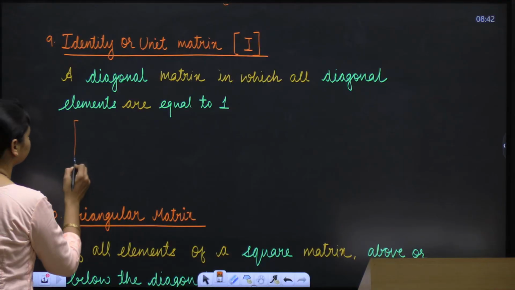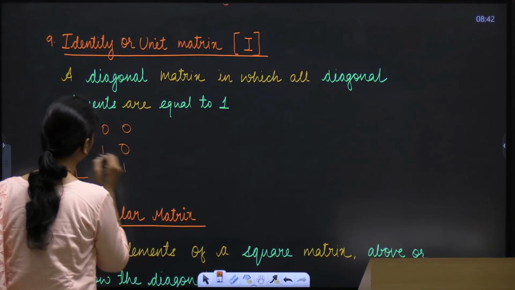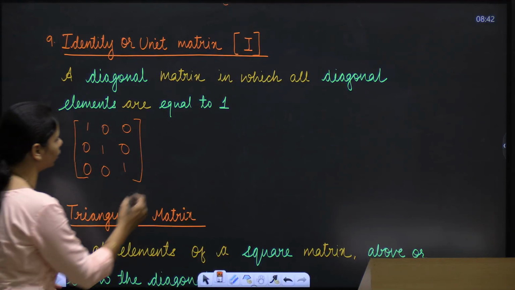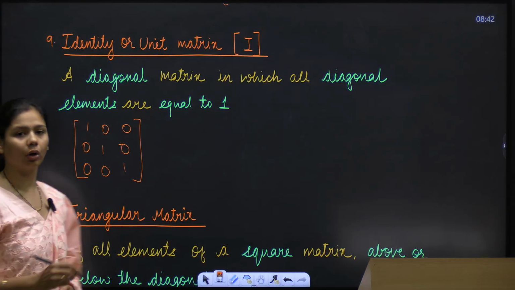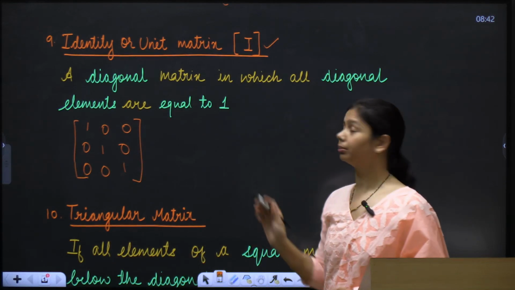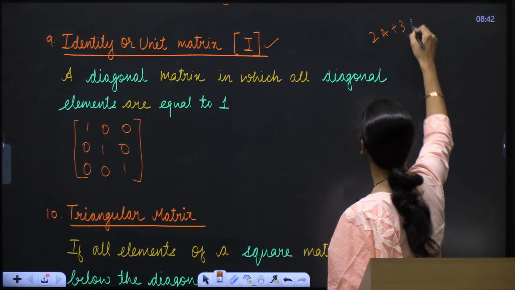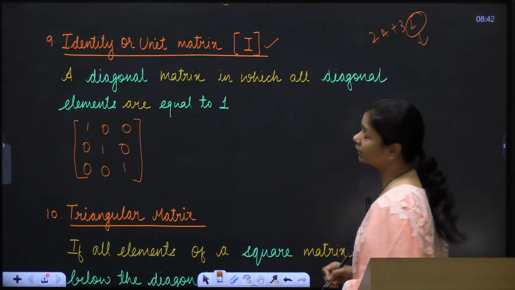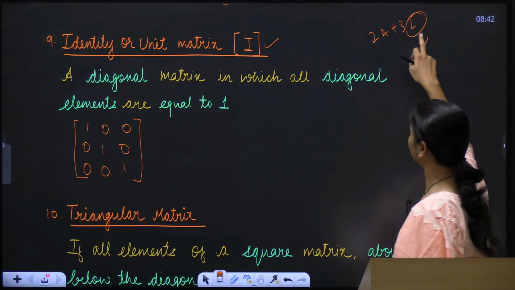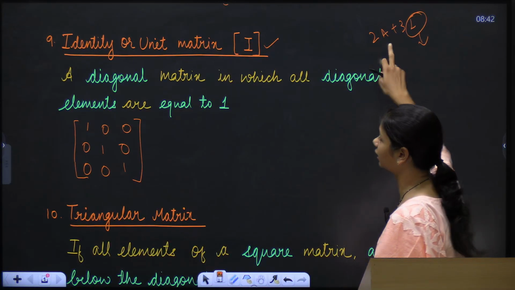So if all diagonal elements are equal to 1 in a diagonal matrix, it is called an identity or unit matrix. We represent it with I. If a question mentions I, for example solve 2A plus 3I, you must understand that I here is the identity matrix with the same dimension as A.